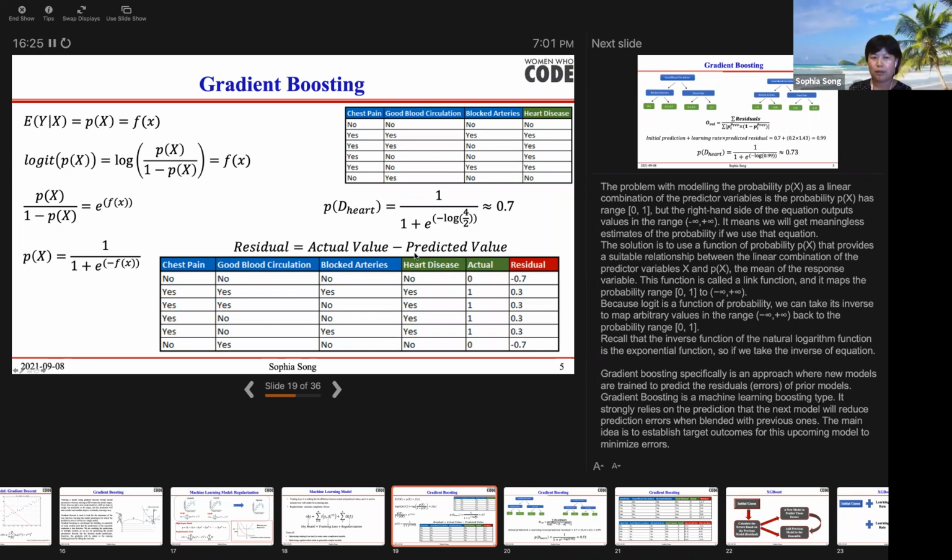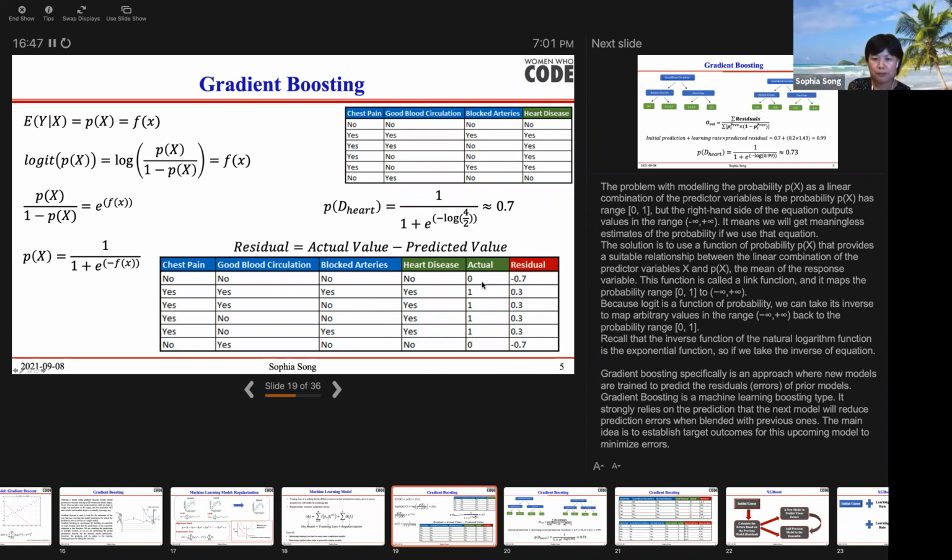So the residual means your real probability minus your model's output probability.